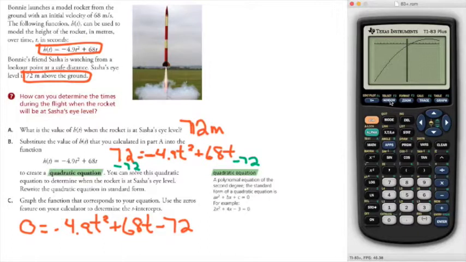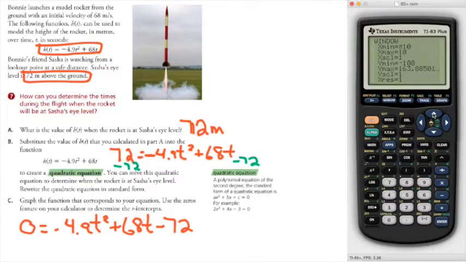So now we can go into the window settings. Y-min at negative 1200, we probably don't need that much. I'm going to change it to negative 100. The Y-max looked okay because we could see just the top of that parabola.